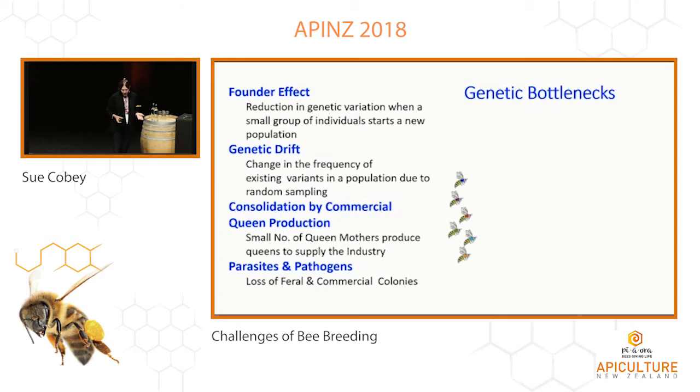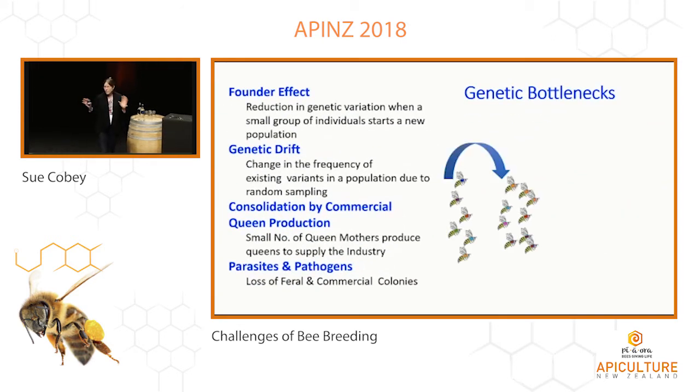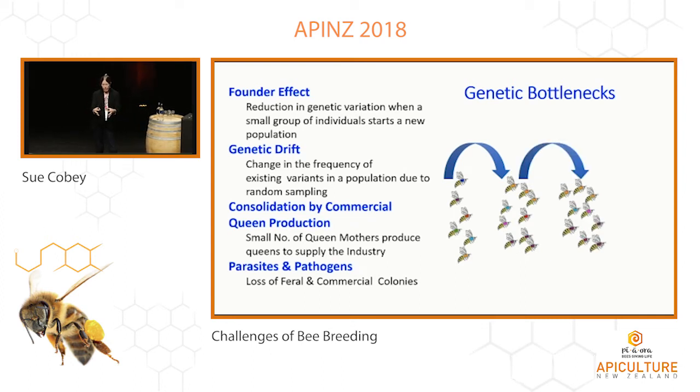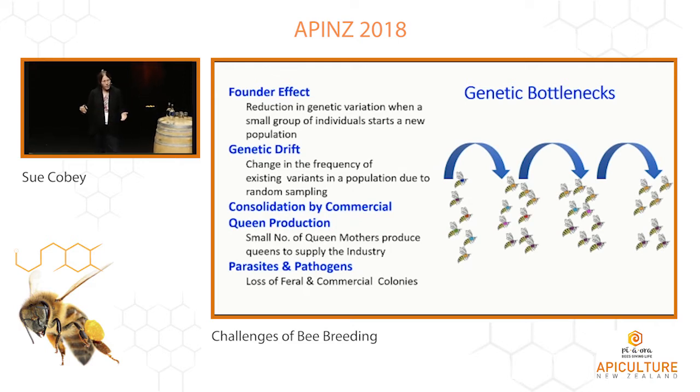And if you look at the genetic bottlenecks over time, what's happened is you have this small population, we call that a founder effect, which is this population you're selecting from. You've got genetic drift, just the nature of changes over time in the population. You've got a small, very specialized queen industry selecting out the best stuff they want, and that does reduce the population as well.